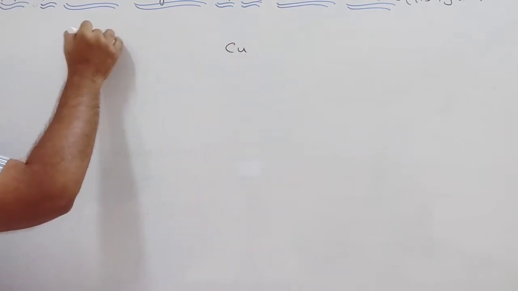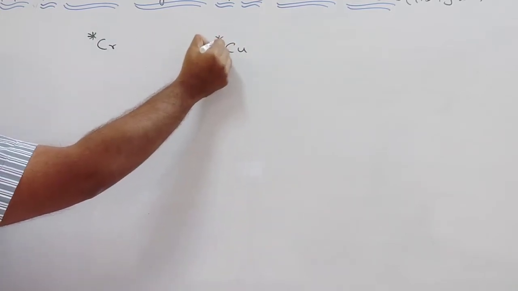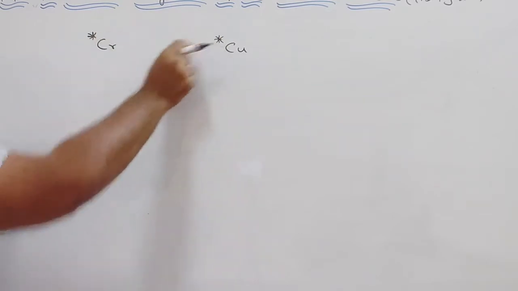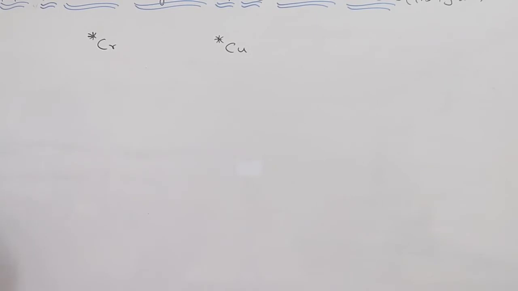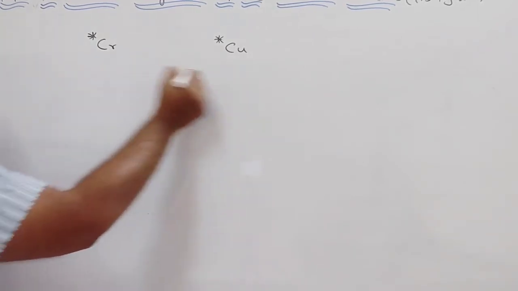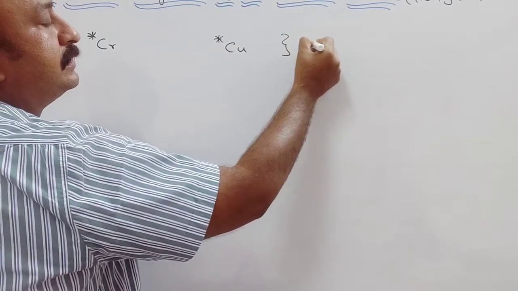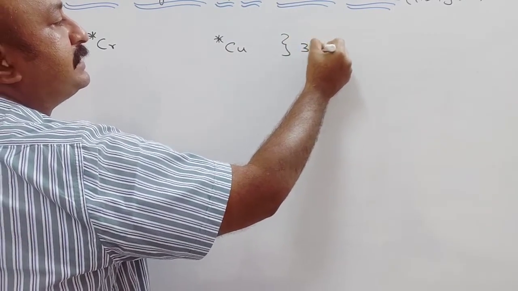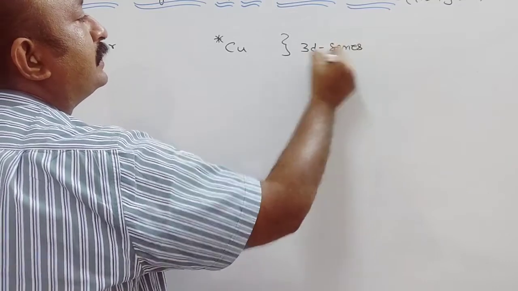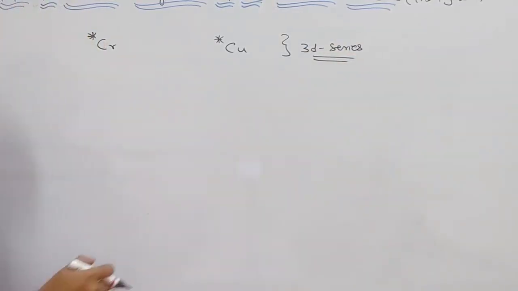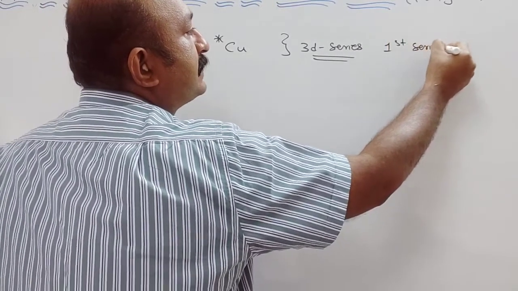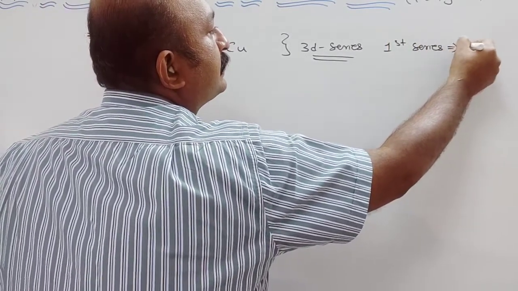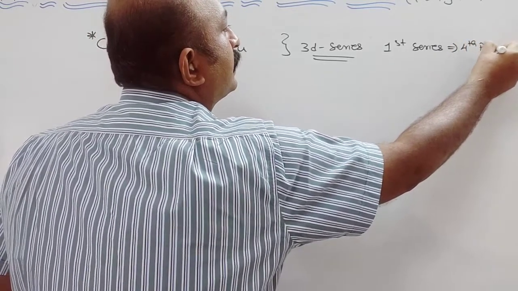In your periodic table, or the last page of the textbook, you see, an asterisk is given, meaning an exceptional case. Clear? Now chromium and copper, both come in which series? They both come in the 3d series. So 3d series means which series? First series. First series means which period? That is the fourth period. Clear?